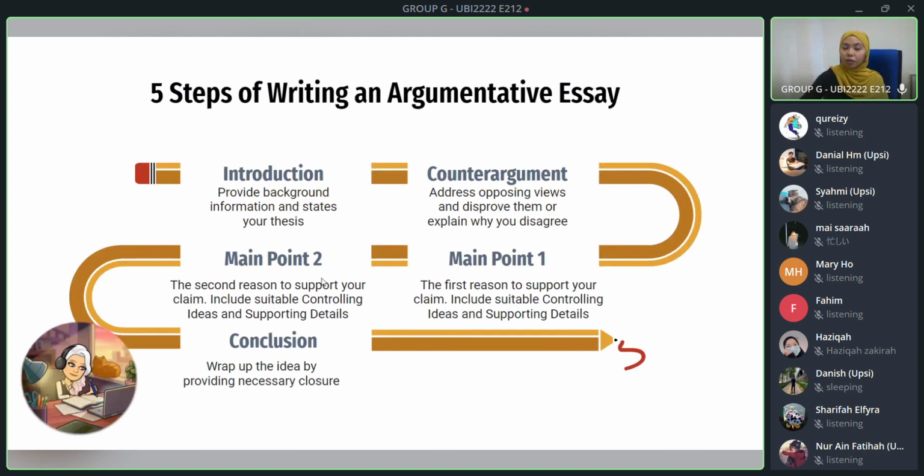There are a lot of things for you to discuss in order for it to seem persuasive. Therefore, it's okay to have only 2 main ideas. And counter argument can be placed right after introduction before main point 1, or right after main point 2 before the conclusion. Choose one, either or. Okay, it's either here or here.